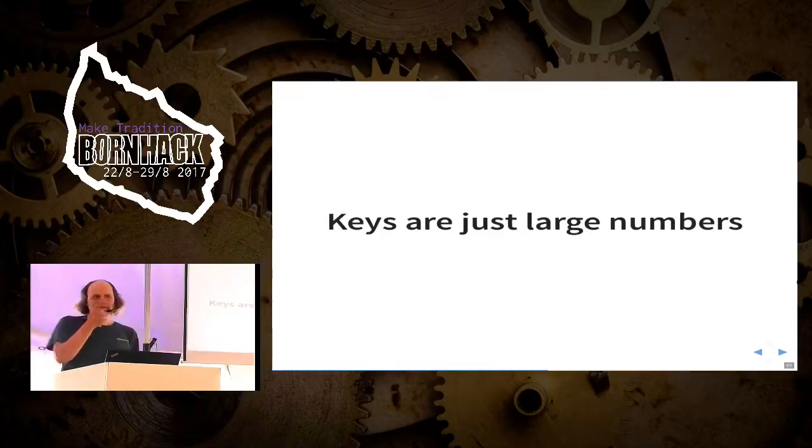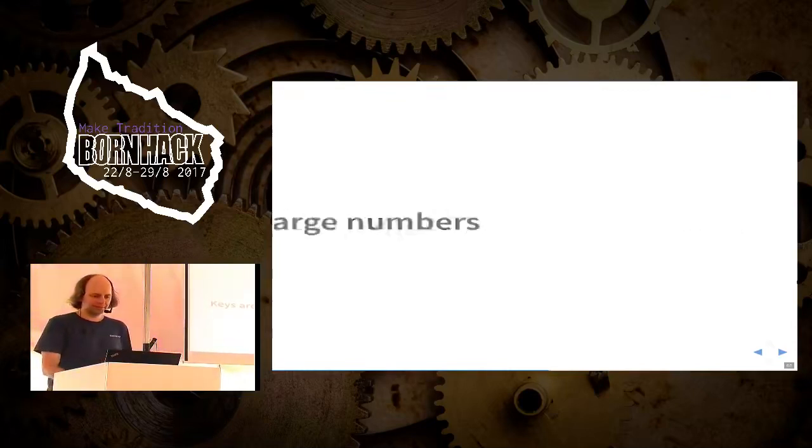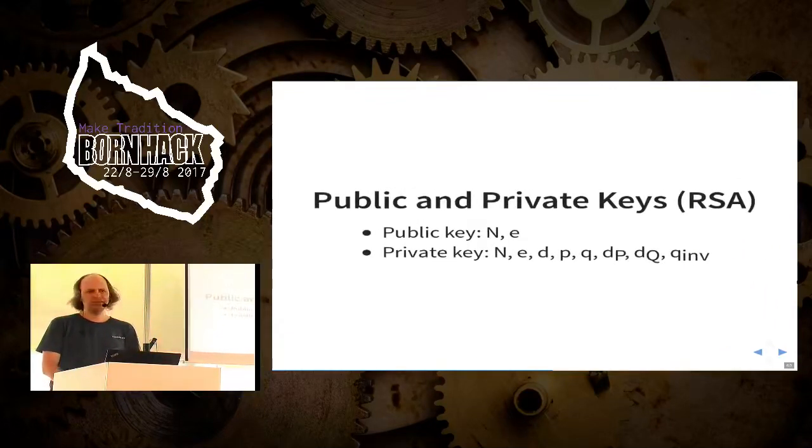In the end, a cryptographic key is just some large numbers. And if we take RSA, which is the commonly used algorithm for HTTPS, then a public key is two numbers. They are called N and E. You don't have to know what they mean. It's just two numbers. And the private key is N, E, D, and some more numbers.